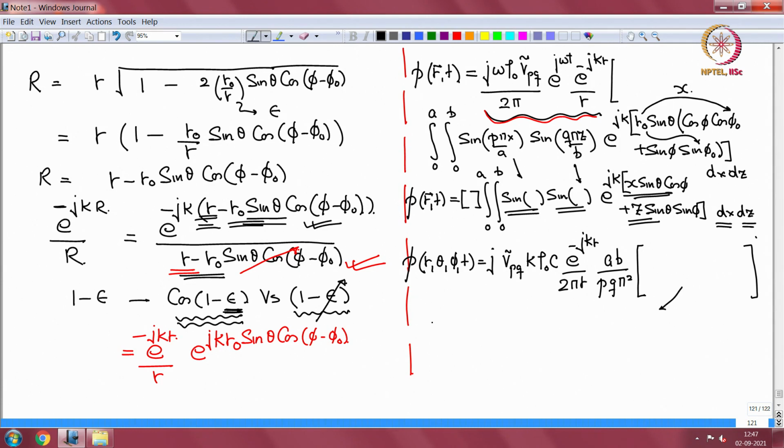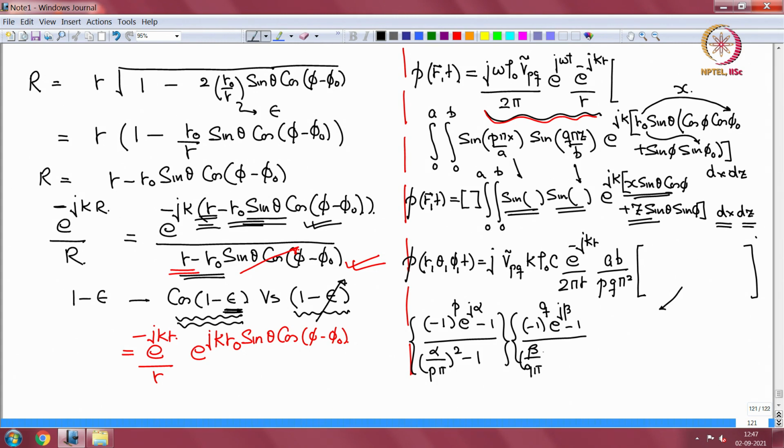What is that? It is minus 1 to the power p e to the power of j alpha minus 1, by alpha by p pi whole squared minus 1, this is one term, multiplied by minus 1 to the power q e to the power j beta minus 1, divided by beta by q pi whole squared minus 1.